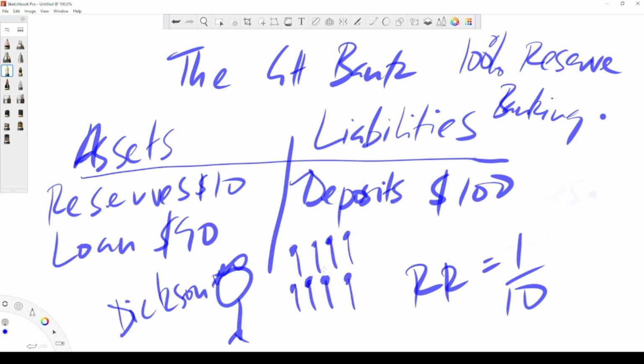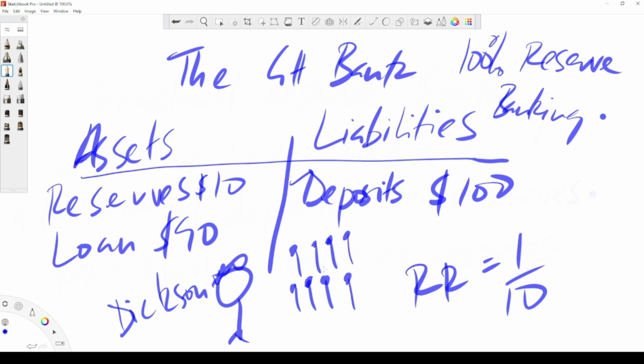When this happens, these 8 people will tell their colleagues, friends, or family that they tried to withdraw their money from the GH Bank and they couldn't get the money. So we have a huge problem there. It will cause panic, and you see everyone scrambling to get their money back.